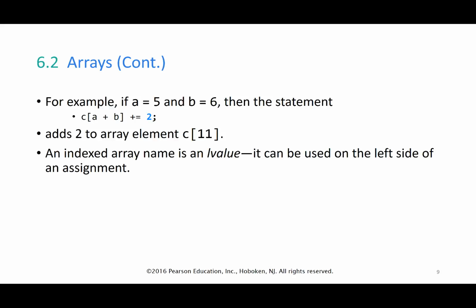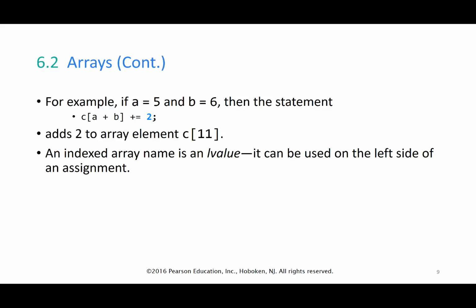What this is going to do is evaluate A plus B to determine the index and then increment it by 2. In this example, A is 11.5, B is 6. So we're looking at the 11th element of the array, and we're going to say that C[11] is equal to C[11] plus 2.